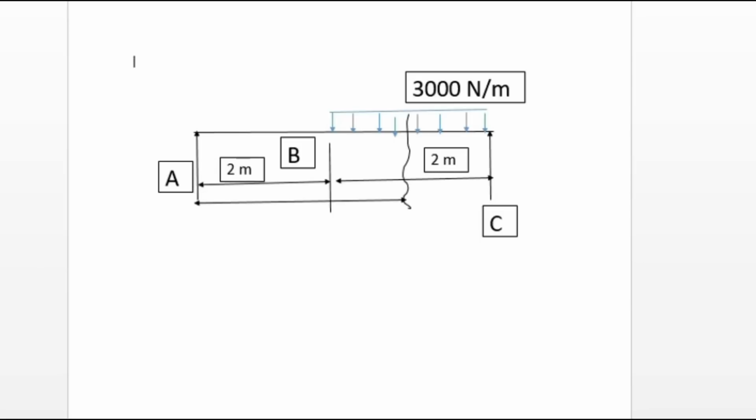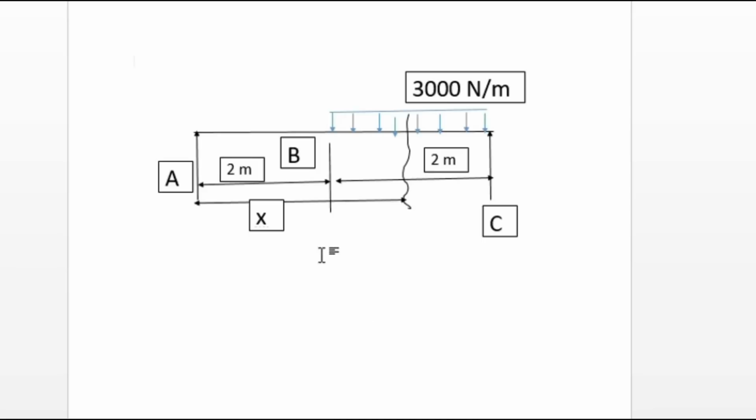To analyze the values, we take the distance X from point A. So this is the distance from A to the point at which the maximum bending moment occurs.